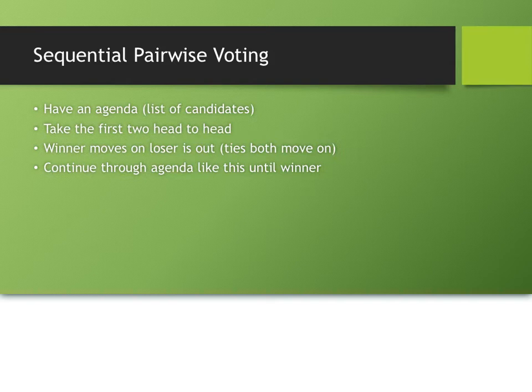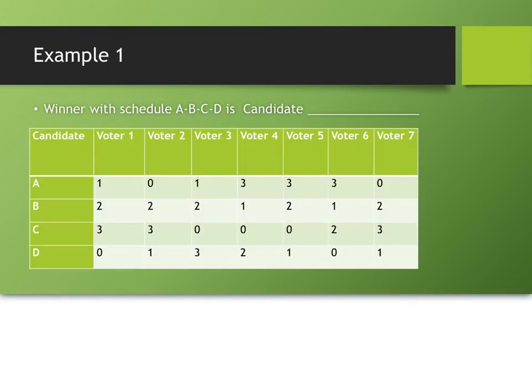If you have a tie, you both move on and you sort of have a three-way vote off, okay? And you continue through the agenda like this until there's a winner. Now, when I say we're going head to head, I mean just who would take the votes on a head-to-head battle? All right.